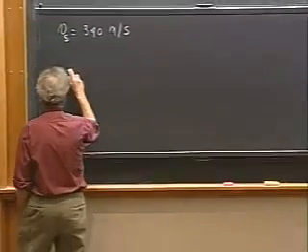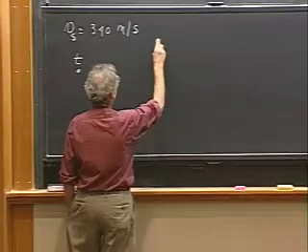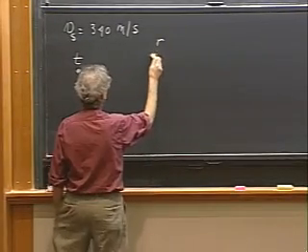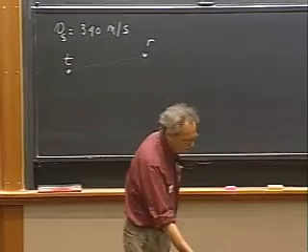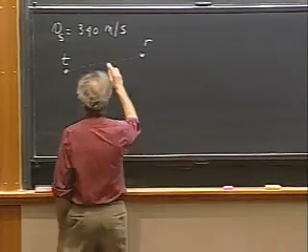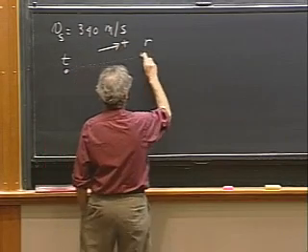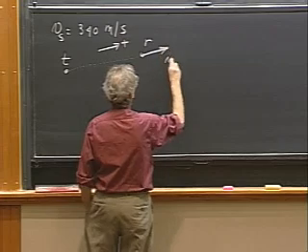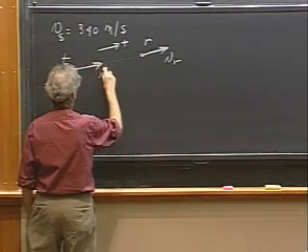Let this be the transmitter of sound, and this is the receiver of sound. That could be you. And let us assume that you move with a certain velocity. I call this the plus direction. And you move with the velocity Vr, and let the transmitter move with the velocity Vt.